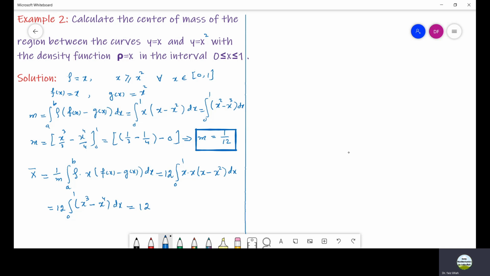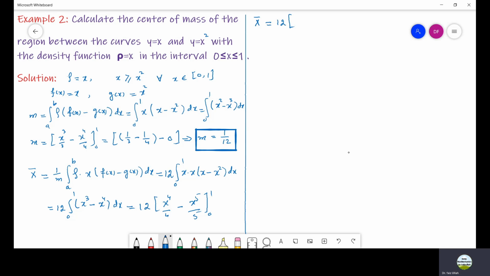And now let us integrate this. So we have x4 by 4 minus x5 divided by 5. The limits are from 0 to 1. And now we can get that x bar is equal to 12.